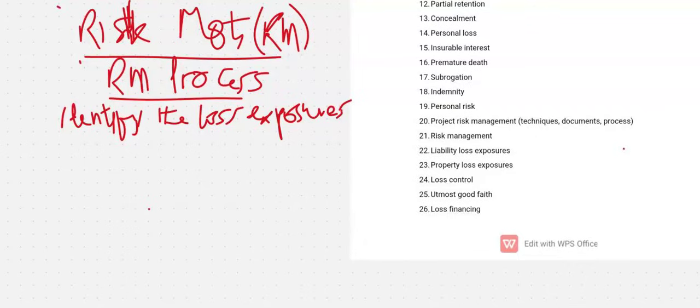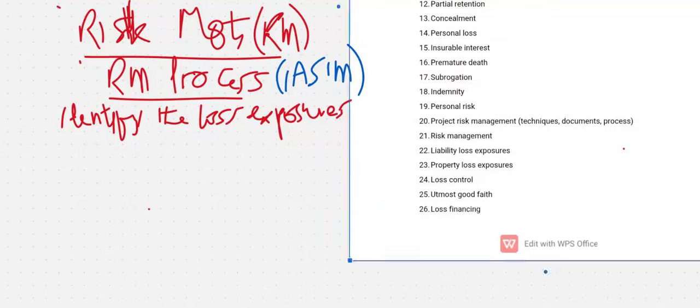IASIM. Very well, Laurentia. Don't forget it. I've told you, if you remember it, you can move quickly. IASIM. So the first I stands for what? Identify the loss exposures.